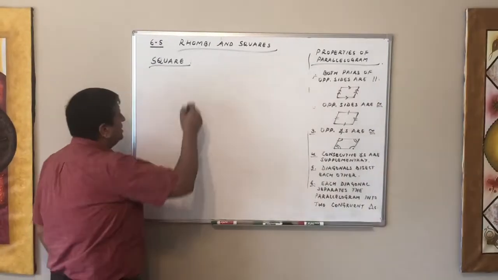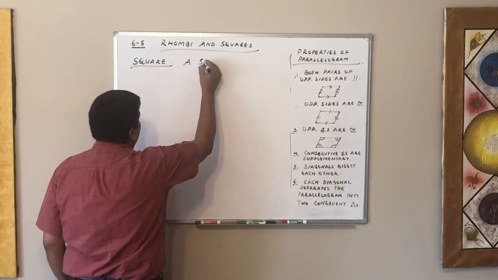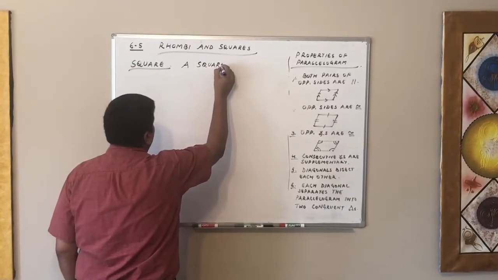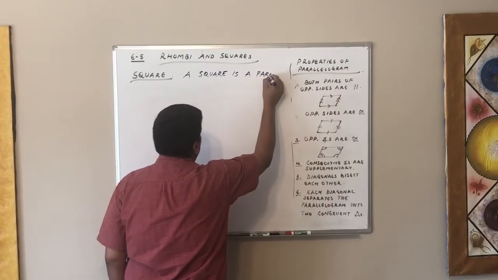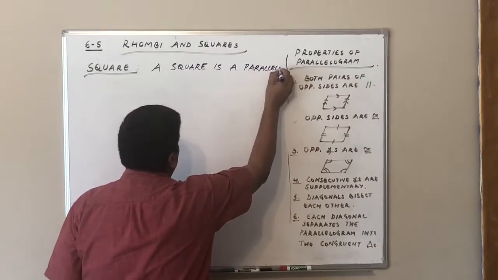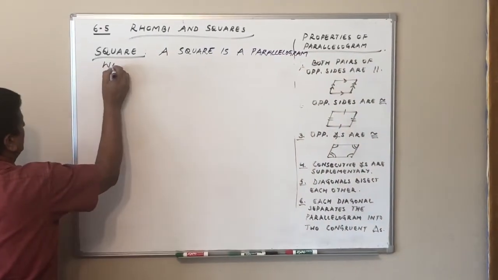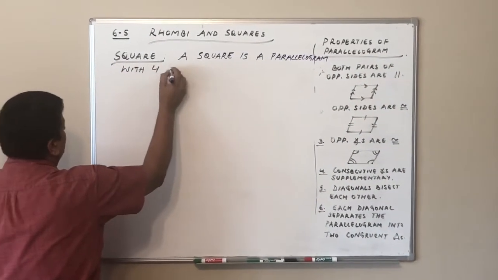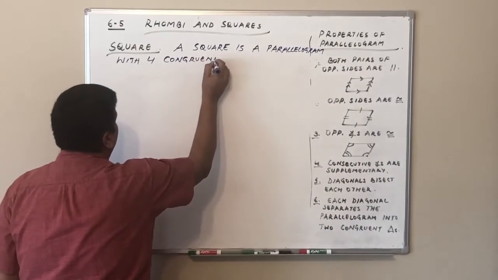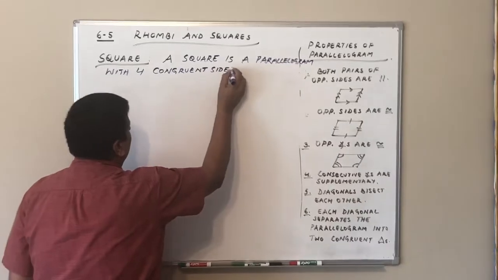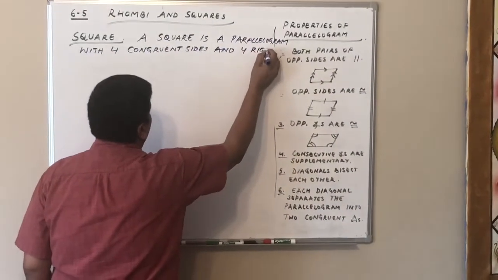So a square is a parallelogram with four congruent sides and four right angles.